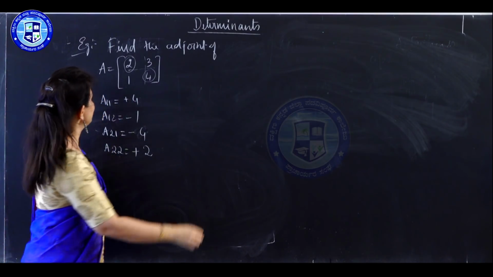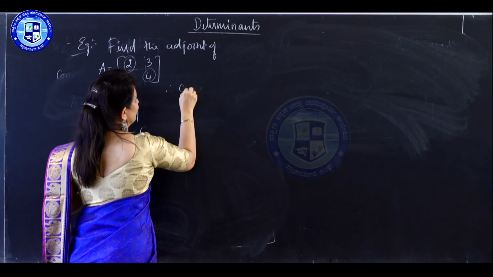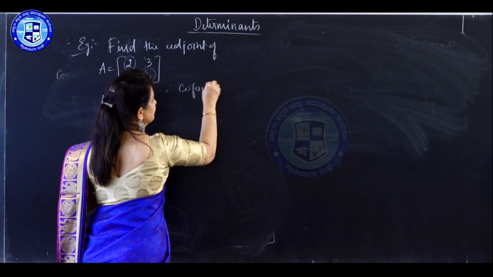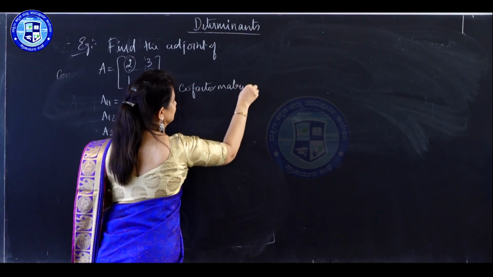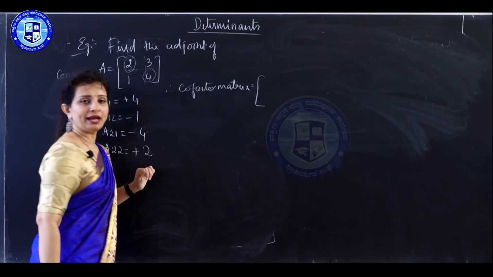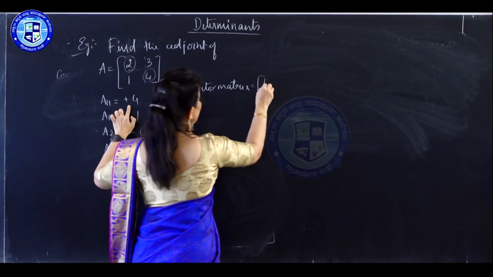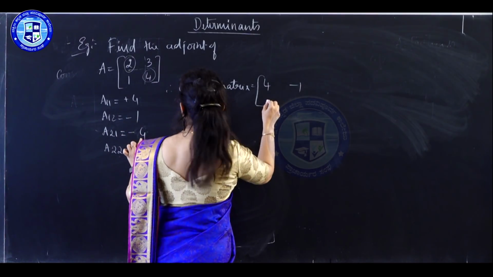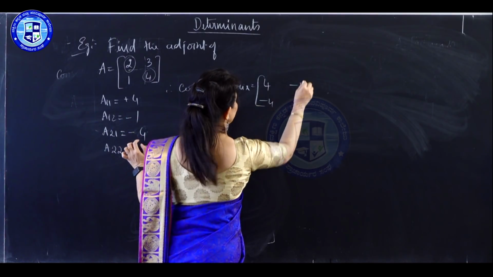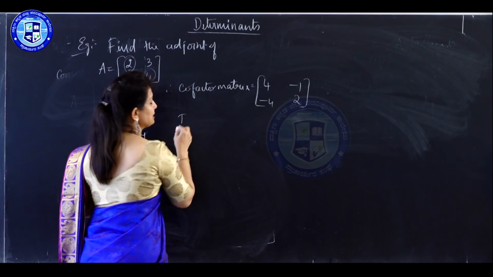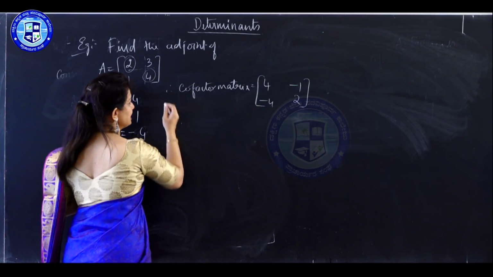Now, what is a cofactor matrix? Therefore, the cofactor matrix is written as the matrix where, in place of the elements, you write their cofactors: 4, minus 1, minus 4, 2. Now, the transpose of the cofactor matrix is the adjoint. What is adjoint A?